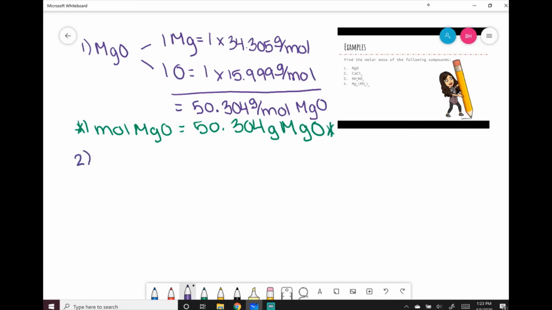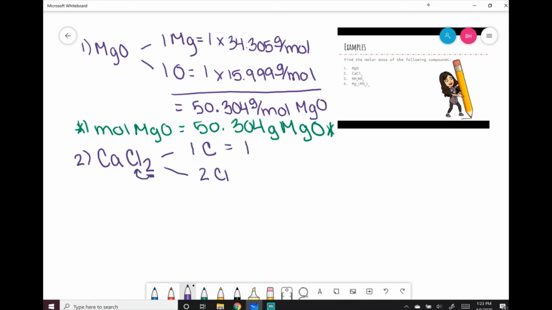Our next one is calcium chloride, CaCl2. So now we need to think about what makes up this compound. Well, we have 1 calcium, and over here, this 2 at the bottom tells me I have 2 chlorine, so 2Cl.